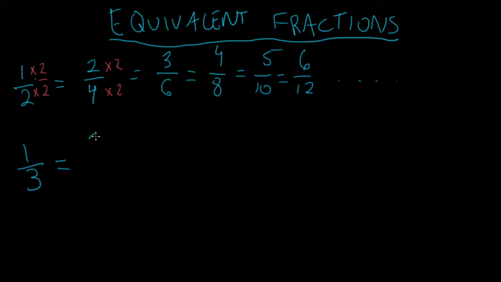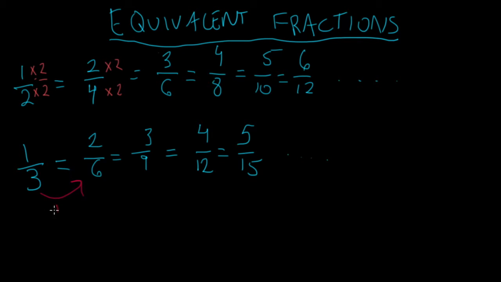So we have 1, 2, 3, 4, 5 along the top, and on the bottom we have 3, 6, 9, 12, 15, and so on. All of these are equal, and again it goes on to infinity. This is another way we can think about equivalent fractions.